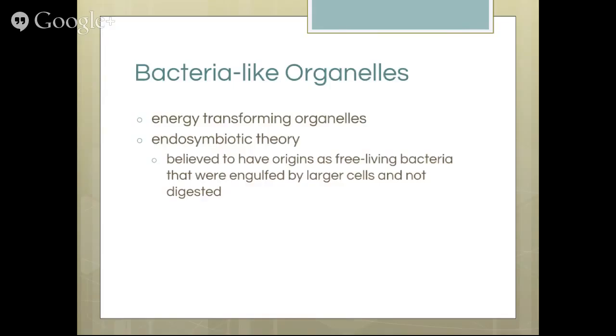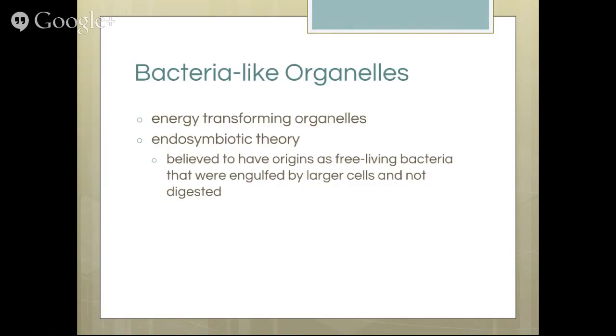And then how they came to be in cells is what we call the endosymbiotic theory. We think, looking at some of the fossils we have of cells and how cells probably evolved over time, that these organelles might have been free living bacteria at one point in time, but then they were engulfed or brought into larger cells, but instead of digesting them, for some reason they weren't digested, and they actually helped the cell function because they were doing this energy transformation, this conversion, a lot better than the cell itself was.